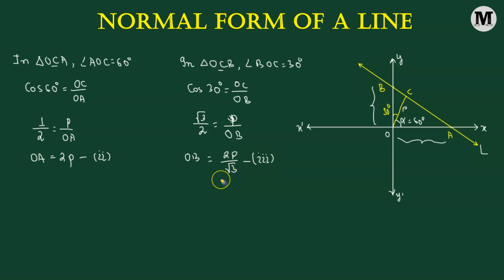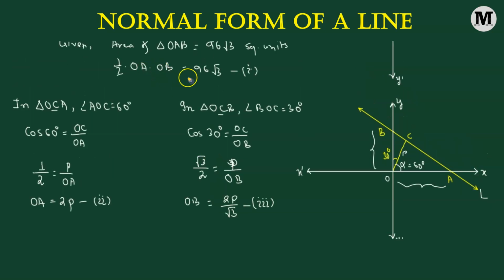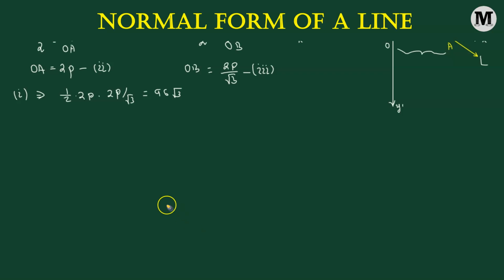We're now going to use the values of OA and OB and substitute them in equation number 1. So equation number 1 implies we have half times OA, that's 2p, multiplied by OB, that's 2p over square root of 3, equals 96 times square root of 3. Let's simplify. 2p over 2 is simply p.